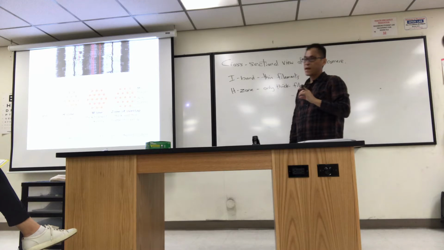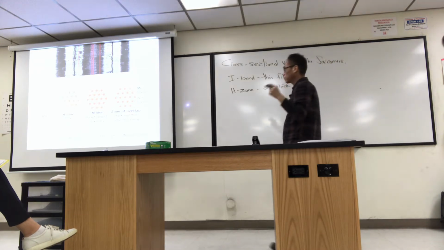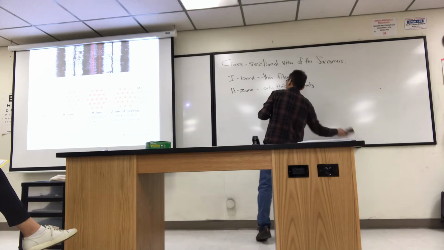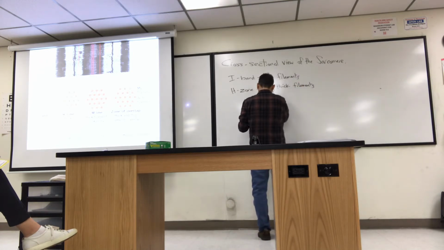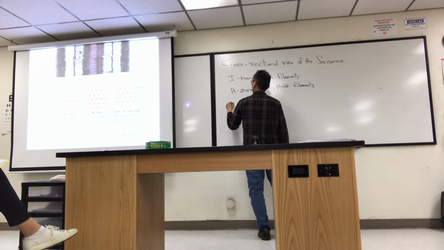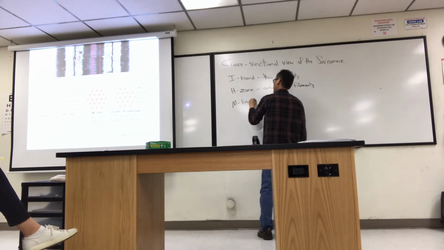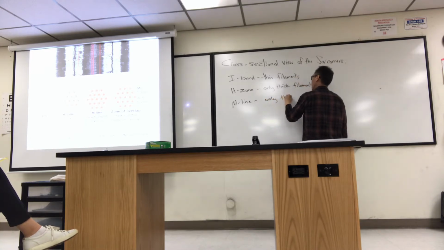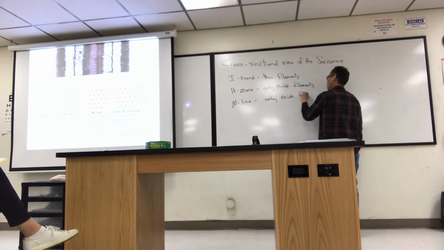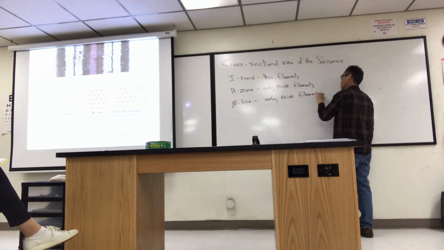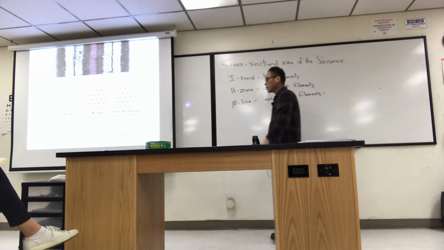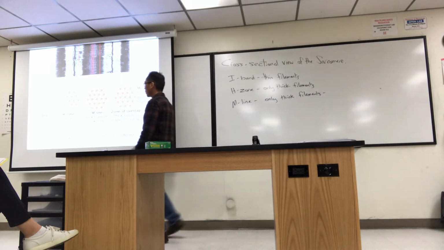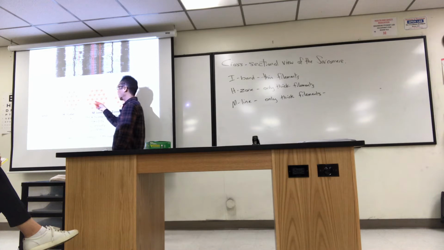If you cut right down the M line, M is middle, you still have only thick filaments. But if you look at that picture, you can see that the M line also has the lateral proteins that make connections between the filaments to hold them in place.